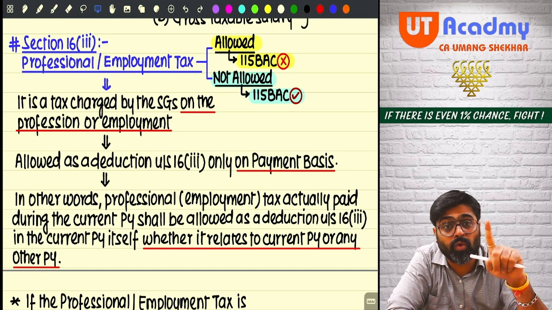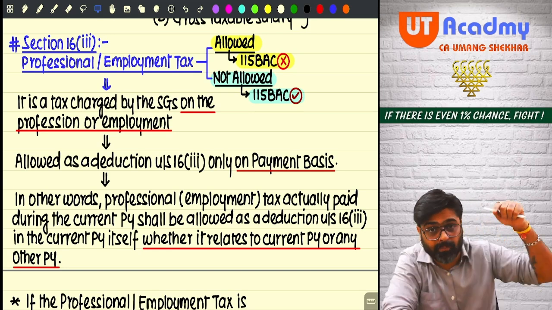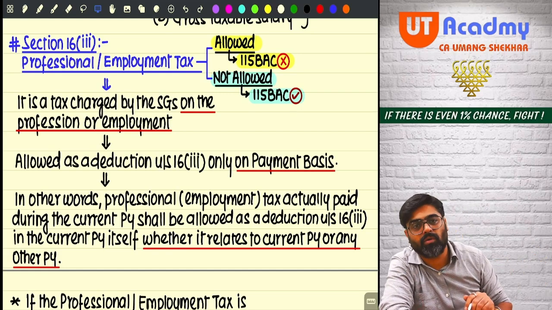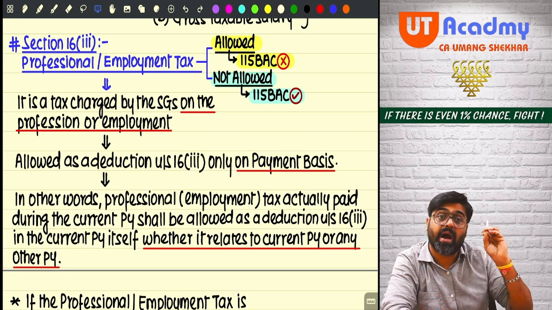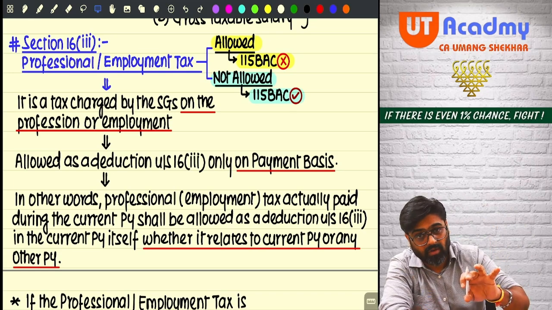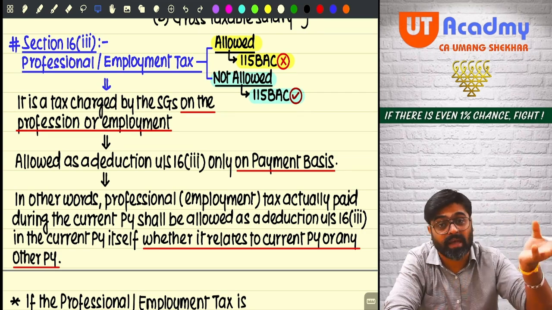So if you are doing any profession or any employment in a particular state, for example, if I talk about Gujarat or Maharashtra, Maharashtra is a state which charges tax on the profession, on the employment which happens in that state.